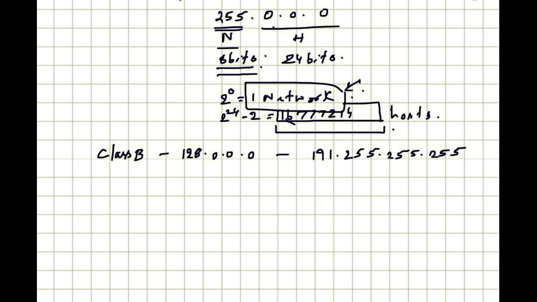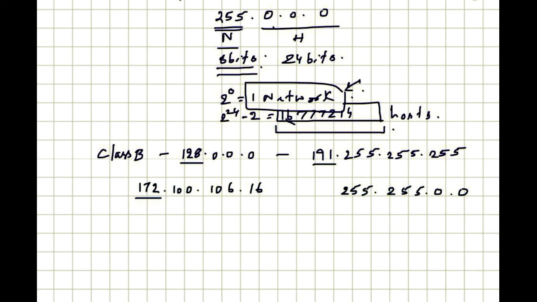Now let us take an example of a Class B network, 172.100.6.16. This is a Class B network because 172 lies between 128 and 191. So the default subnet mask for a Class B network is 255.255.0.0.